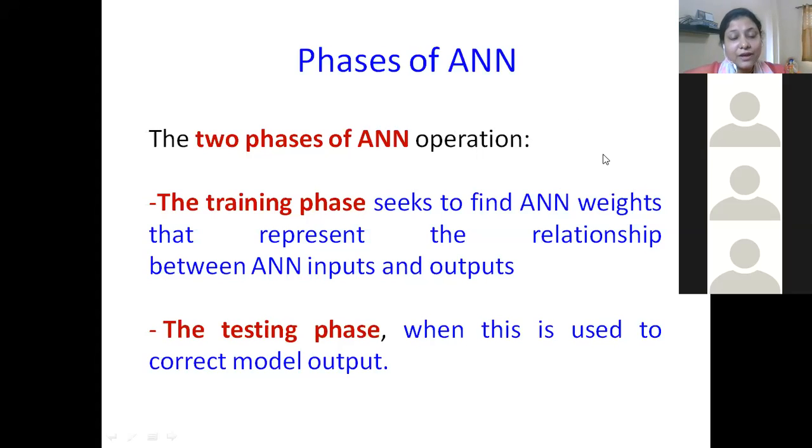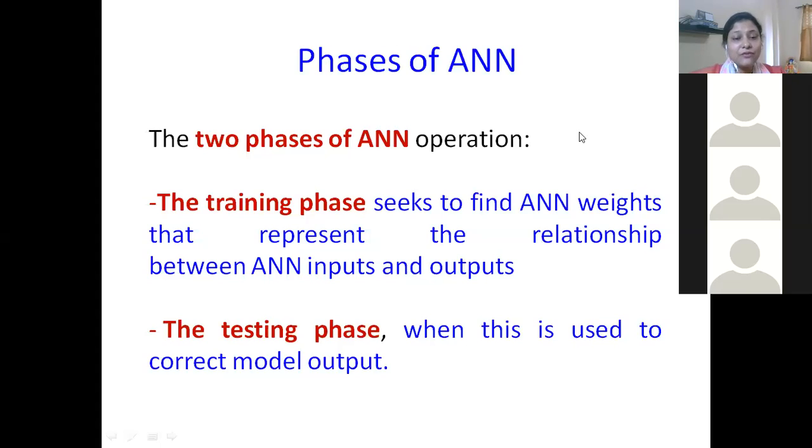Now, the testing phase is when the network is used to produce the correct model output. The testing phase means that whenever the training algorithm has been set, that is, the training phase is over, the testing phase begins.